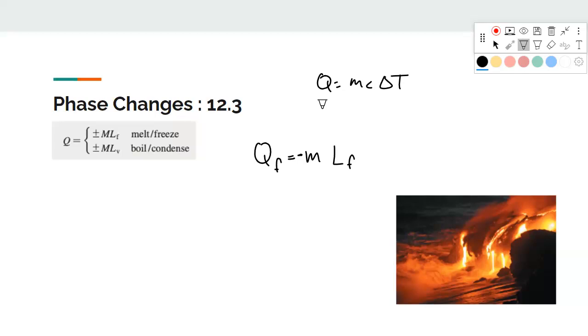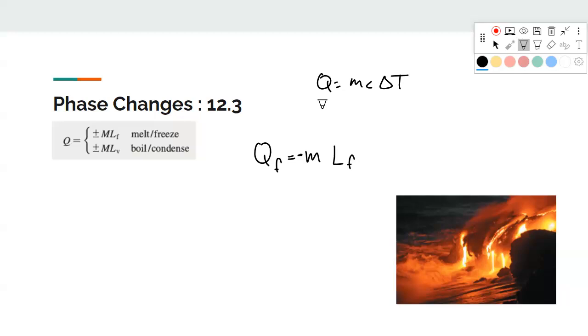Does it freeze? Does it just change temperature? In those situations, it'll be very important that we get the plus or minus signs right on these formulas. At the end of the day, though, you just have to remember, if you're heating something up, if you're giving it energy, that's positive Q. If you're taking its energy away, cooling it off, that's minus Q. That's what it comes down to.